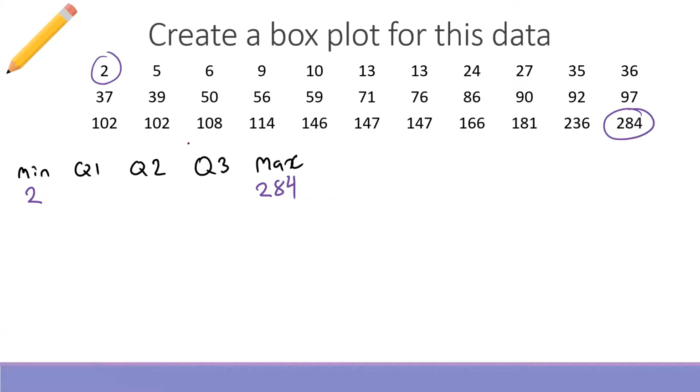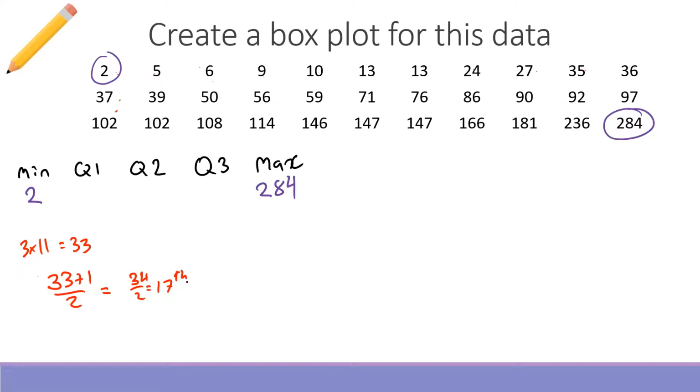So for our median, how many numbers have we got? We've got 3 rows of 1, 2, 3, 4, 5, 6, 7, 8, 9, 10, 11. Of 11. Let me double check that. 2, 3, 4, 5, 6, 7, 8, 9, 10, 11. We have 33 numbers, right? So 33 plus 1 divided by 2 is 34 divided by 2, which is 17.